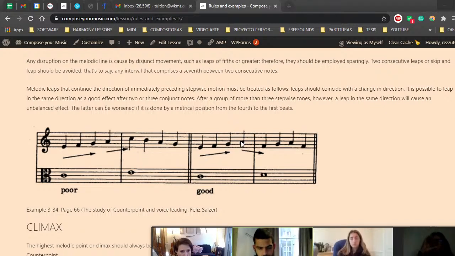If you have 4 and then a skip, that's much better. Changing direction on the first beats of the bar is quite good. But when it changes direction, when you have 2 notes maybe and then a leap, that's better.